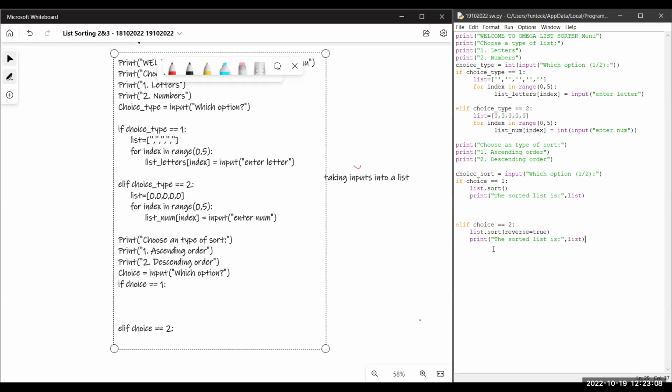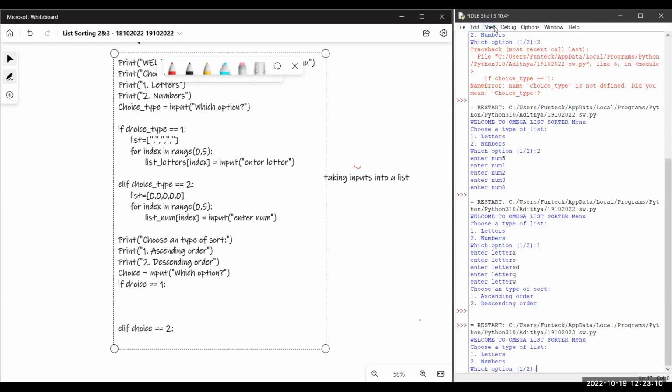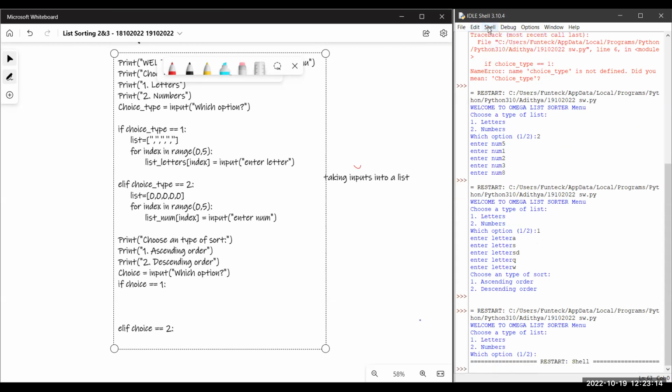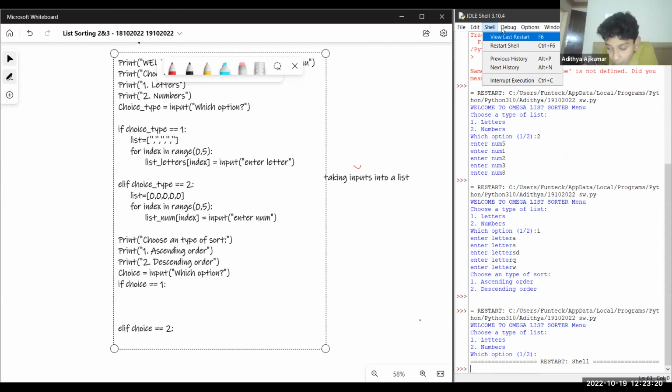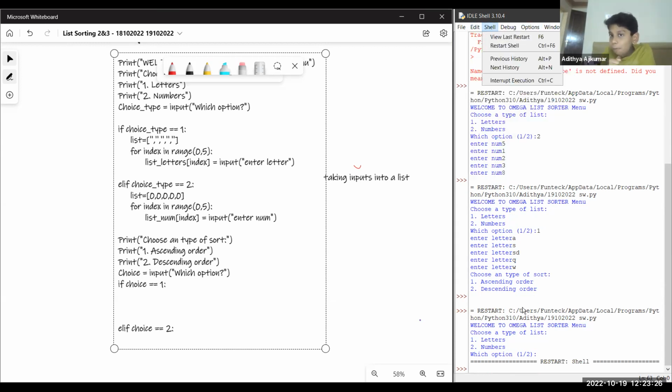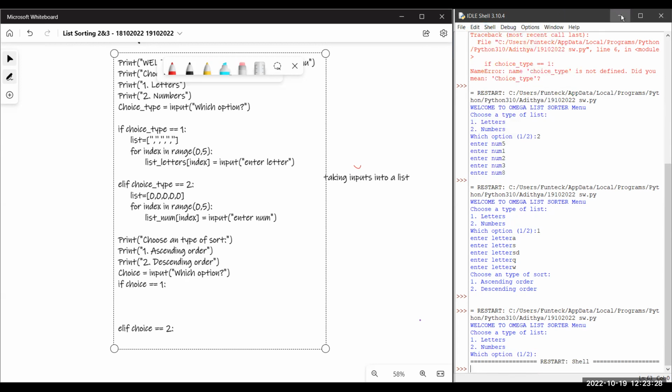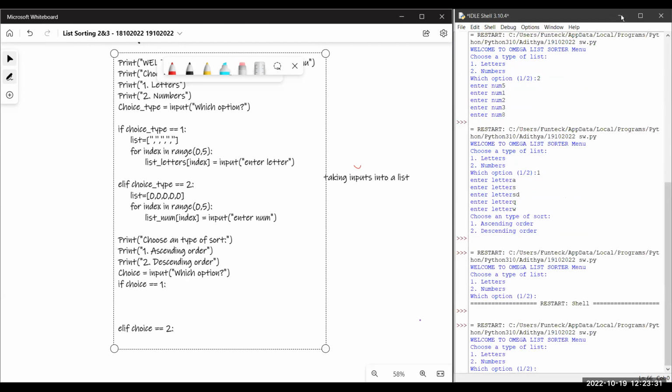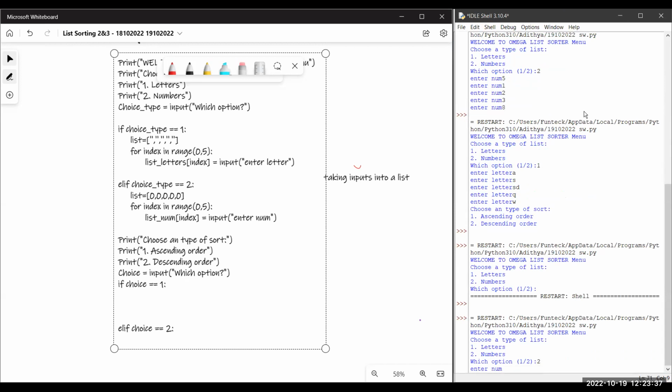Let's run this. Now, my program, let's clear the shell actually. All right, yeah. So let's see. Let's run this. Now the program is asking me if I want letters and numbers. I'll say okay, I want numbers. Enter number.